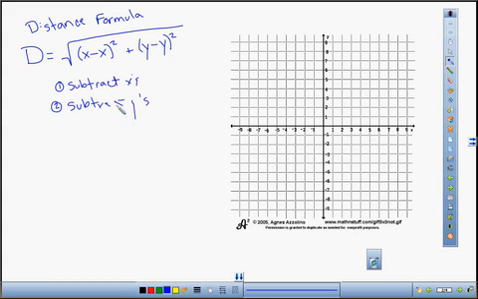ooh, my board is starting to act up. Subtract the y's, square them, add them, and take the square root.